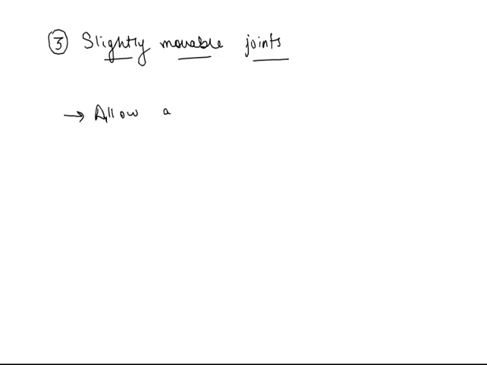The third one is slightly movable joints. Now this term itself means that they can move slightly, that is, they allow very little movement. And where are they located?